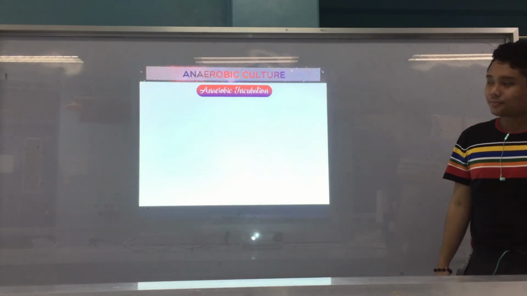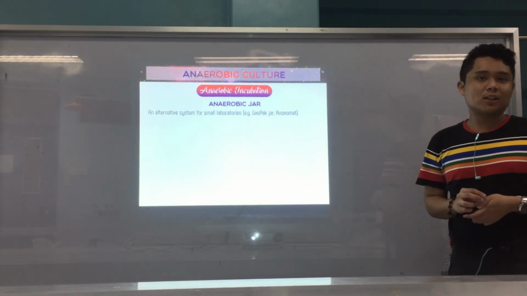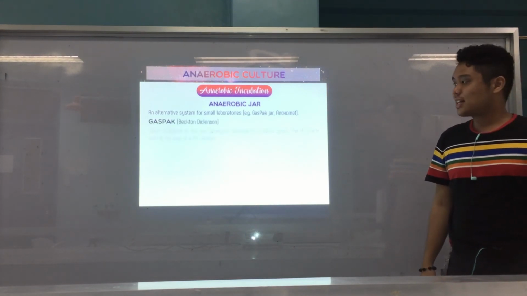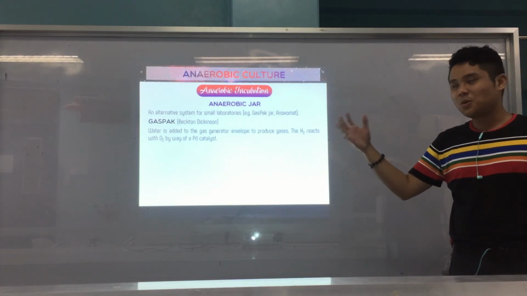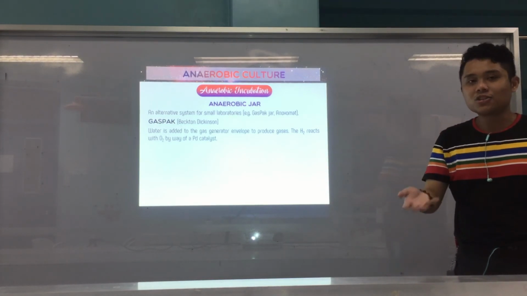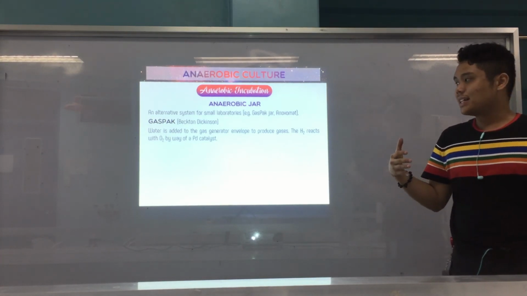Okay. All right. Now, we also have what we call your anaerobic jar. For example, if you don't have an anaerobic chamber because it is expensive, you can use a jar. One of those is the gas pack. You add water to the gas generator to produce gases aside from oxygen, like hydrogen and nitrogen.